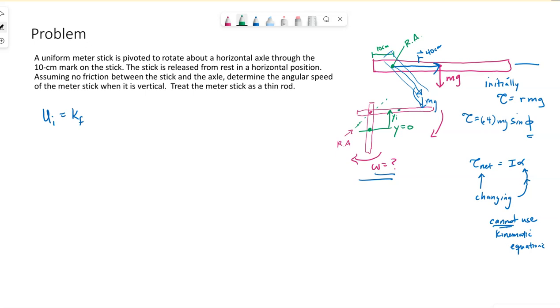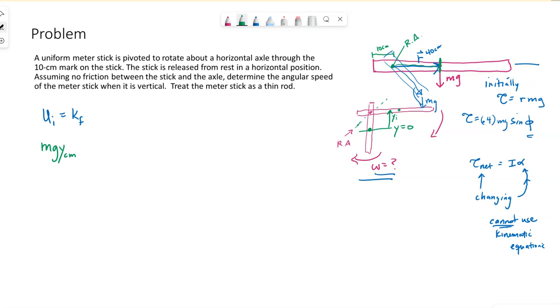So again, when we talk about potential energy with gravity, the y value specifically needs to zoom in and look at where the center of mass is. That's because that's where we're treating the force of gravity as acting. So zooming in, y initial is actually the distance between the center of mass.